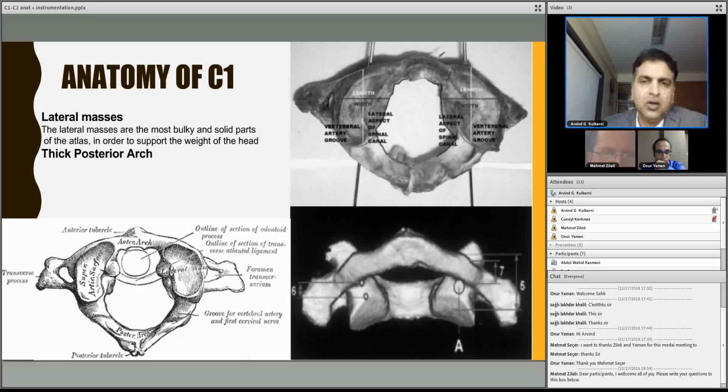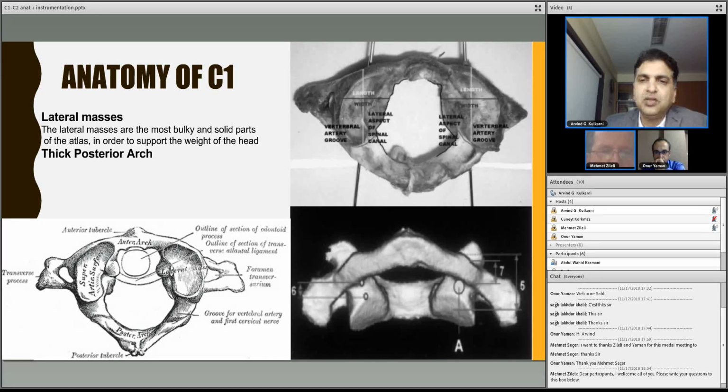It is also important because the vertebral artery makes a groove on top of it. So when you do your dissection, when you do your exposure, it is very important to stay in the midline and not go beyond 8 to 10 millimeters laterally on the C1 posterior arch, otherwise you can injure the vertebral artery. Then comes the transverse foramen on both sides.